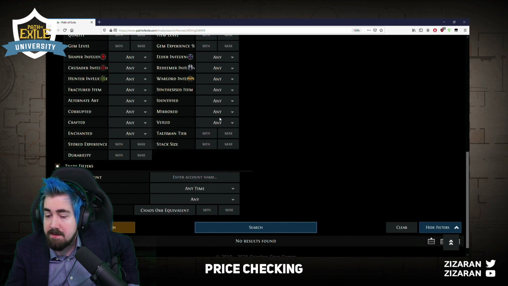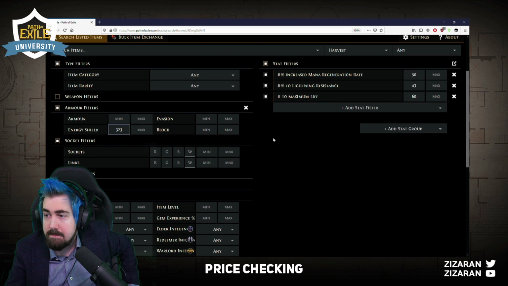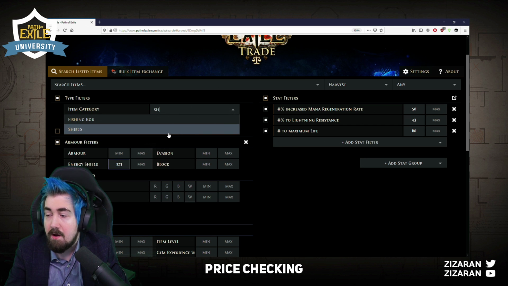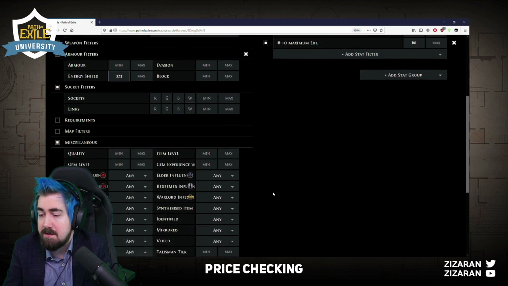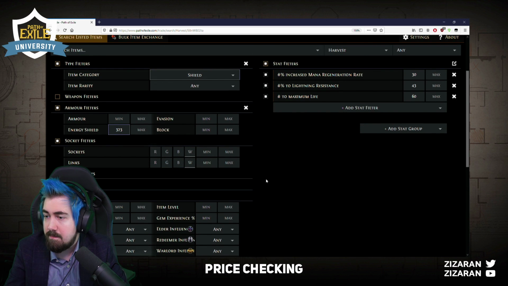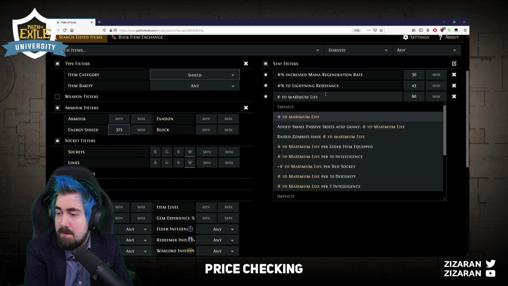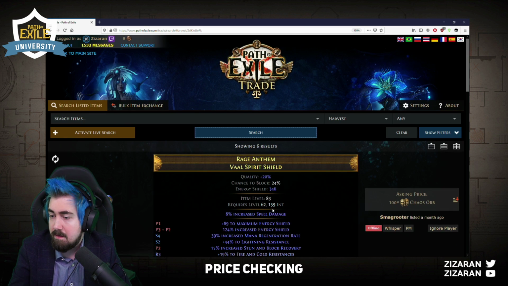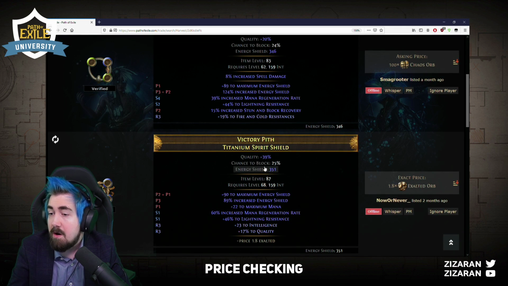And let's look in Harvest. Why is there none? Oh, because shield can't get that much mana regen. Is that not it? Oh, it's the wrong life roll? No, I don't get it. Oh, there are just no hybrid shields.